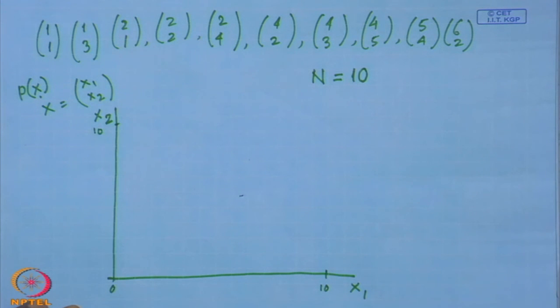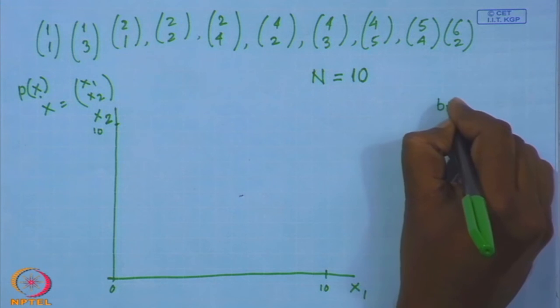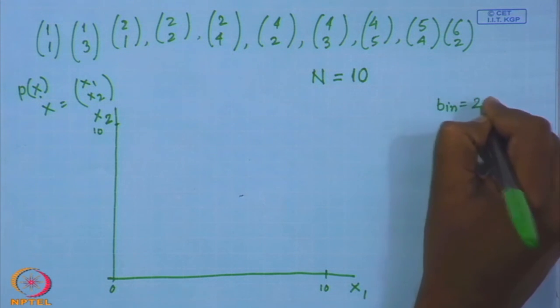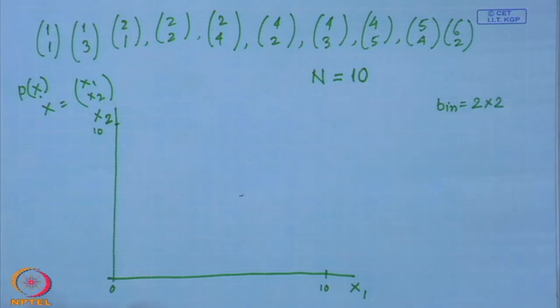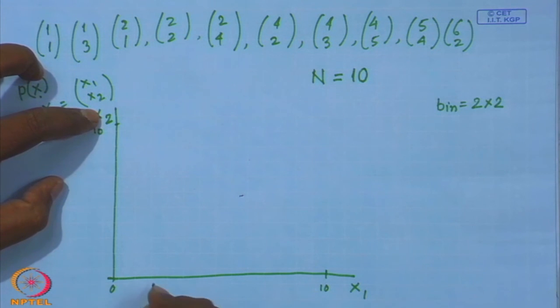Now, let us say that every bin is of size 2 by 2. So, x1 will be divided into 5 bins, each of length 2, and x2 will also be divided into 5 bins, each of length 2.